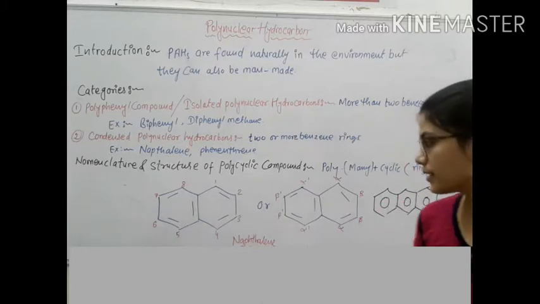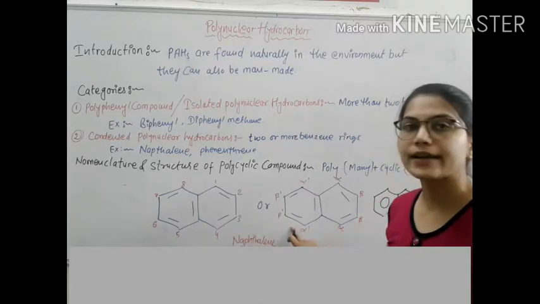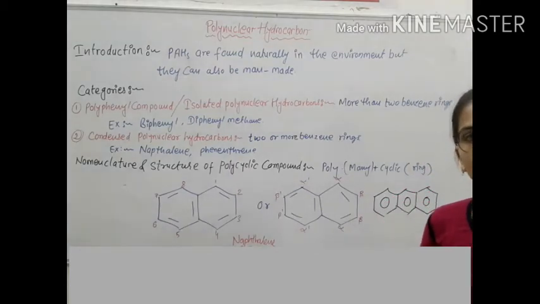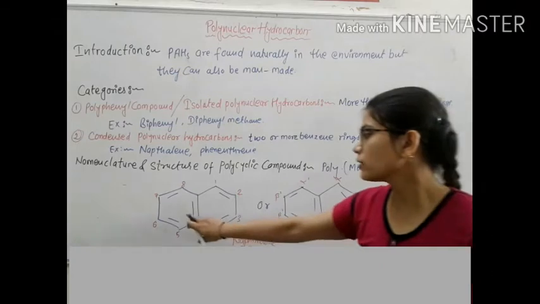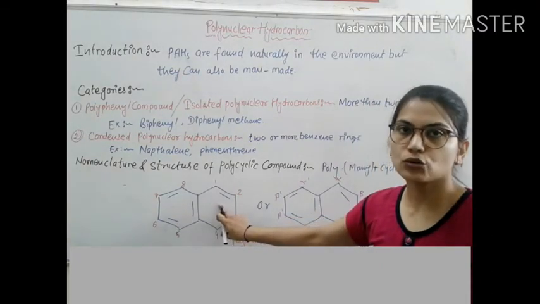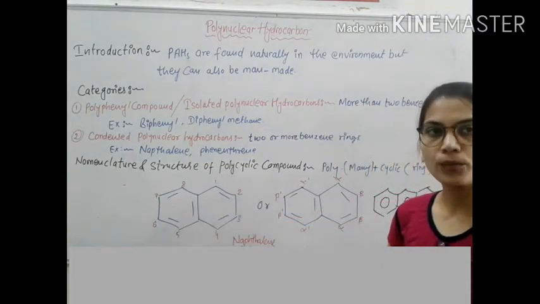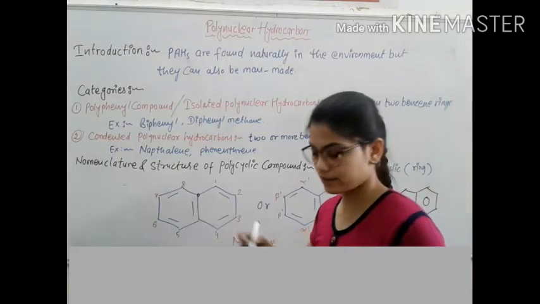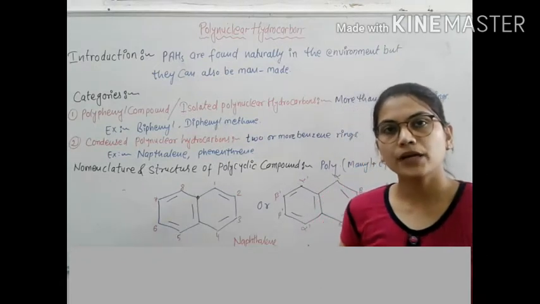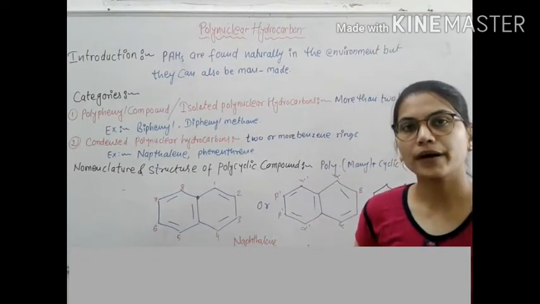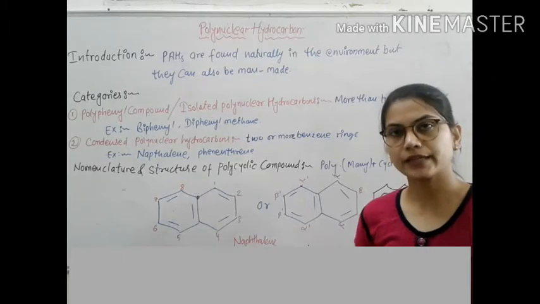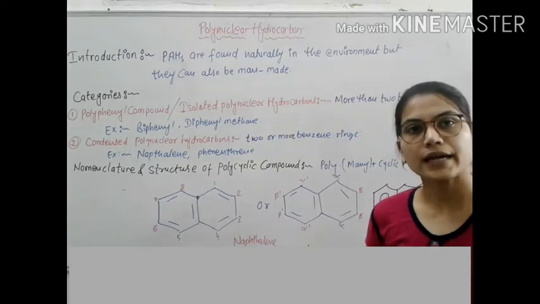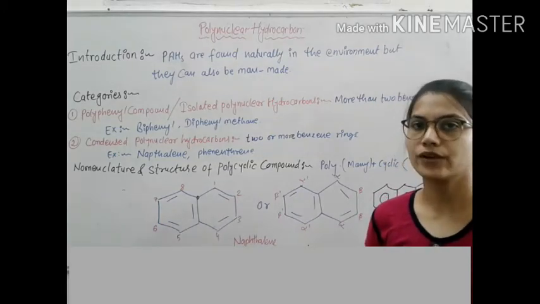Naphthalene is the simplest and most important member, in which two benzene rings are fused at ortho position. Other two very common examples are anthracene and phenanthrene. The three benzene rings are fused linearly in anthracene and angularly in phenanthrene.